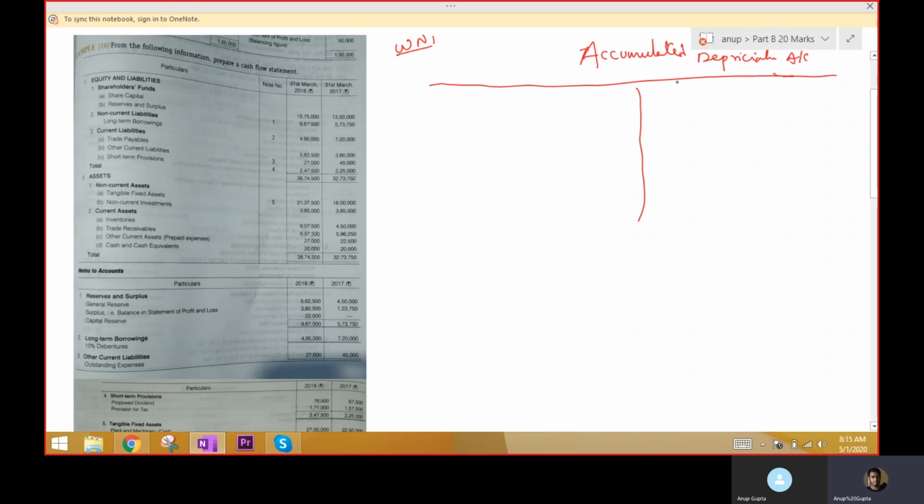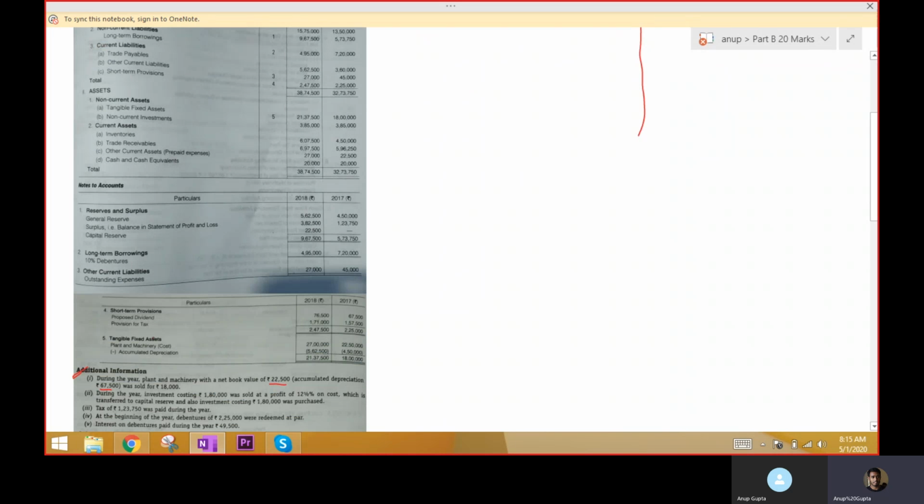Now, accumulated depreciation is a liability, so it will have a credit balance. How much is the balance? Let me see the opening balance. Okay, here it is, tangible asset. So 2017 is opening. So the opening balance will be 4,50,000.